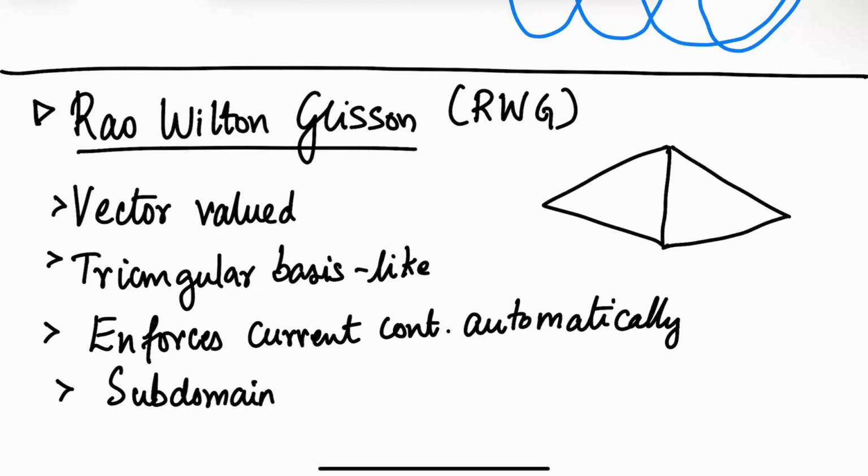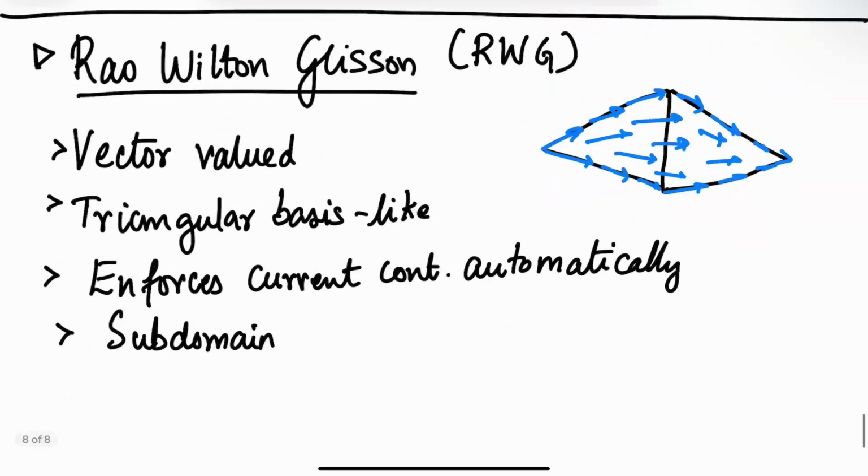And the current distribution on the edges flows this way, and then it flows through here, normally through this edge, and then on this edge again, it flows this way. That's kind of what it looks like. Okay.